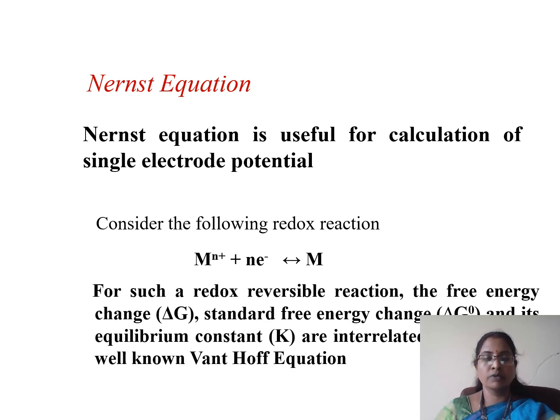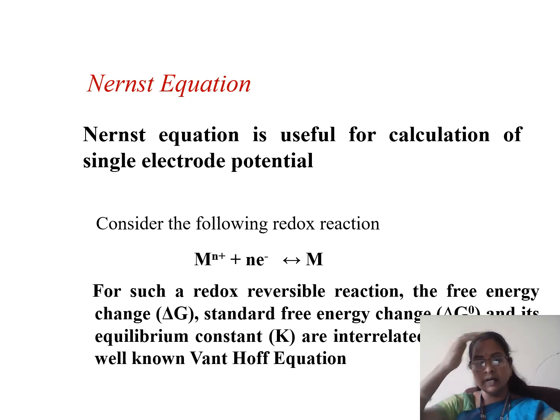For such a reversible redox reaction, the Gibbs free energy change is delta G. That means the Gibbs free energy change is the energy of products minus reactants. This value is always negative. That means the decrease in Gibbs free energy is converted into work.